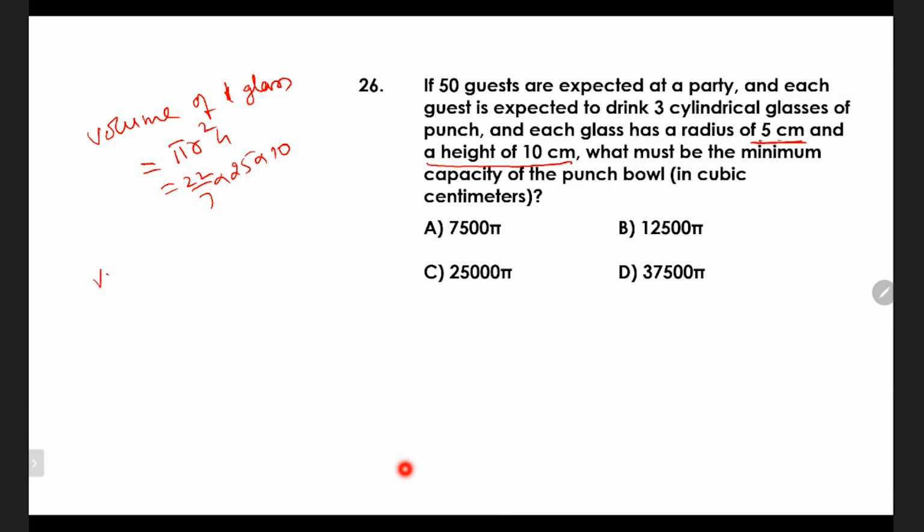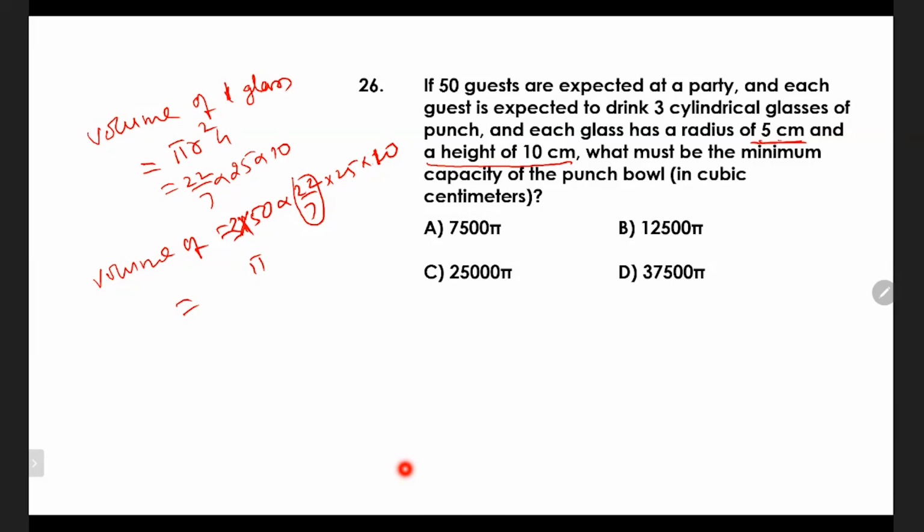So volume of 50 guests and each guest is taking 3 cylindrical glasses. So 150, that is 50 into 3. I can take 3 into 50 into 22 by 7 into 25 into 10. So now this pi we will keep as it is.